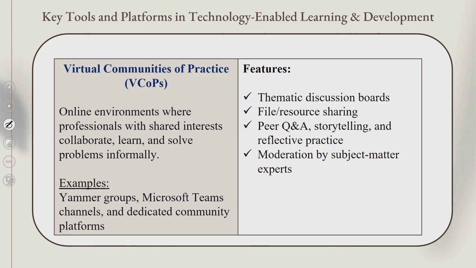You have file and resource sharing possibilities. Virtual communities of practice also give you peer Q&A, storytelling, and reflective practice. They also give you moderation by subject matter experts. So these are some of the typical features associated with virtual communities of practice.